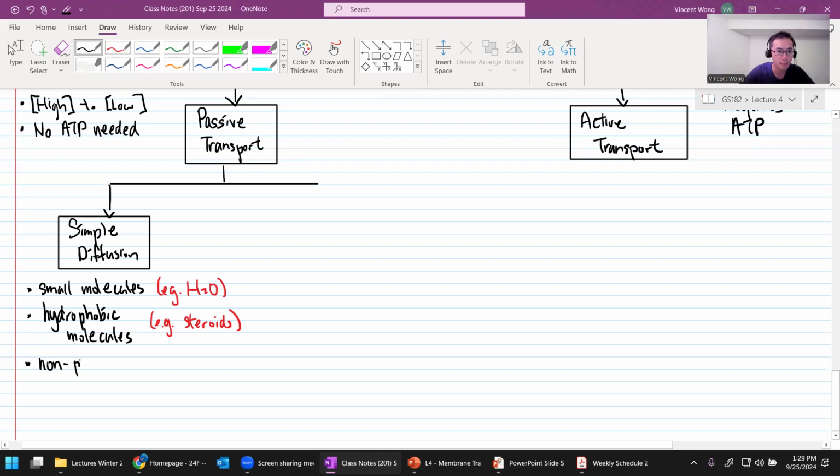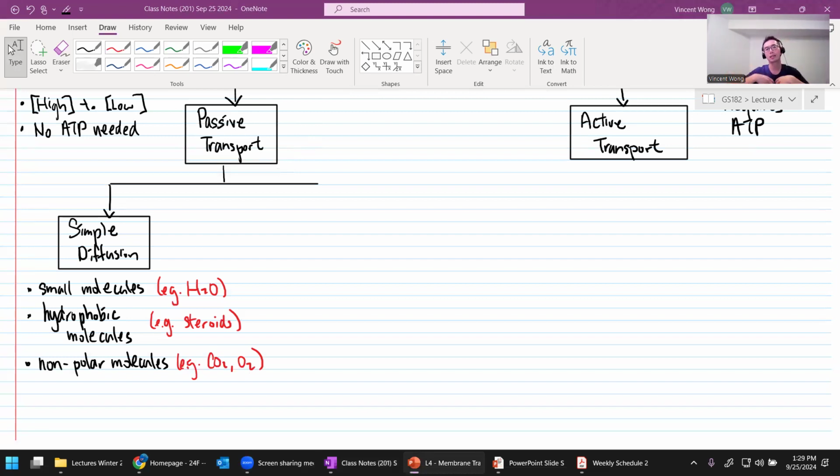Also good for nonpolar molecules. Nonpolar molecules such as carbon dioxide, oxygen, they will be able to go through the cell membrane no problem. In fact, that's what happens every time you breathe. Okay, air goes into your lungs, the blood picks up the oxygen. That happens through simple diffusion.